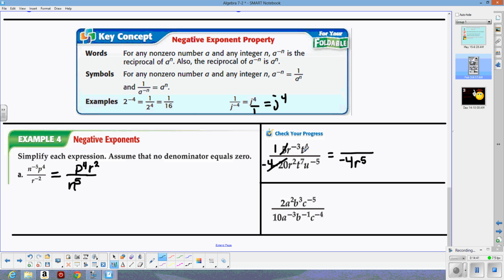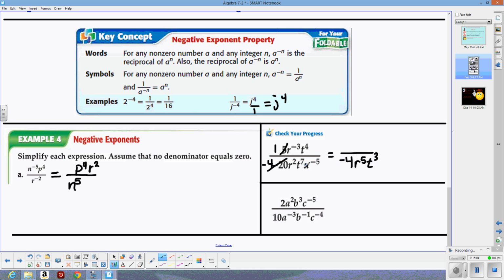Now with the t's, we have 4 t's up here and 7 down here. You could cross out 4 on top with 4 on the bottom, which would leave you 3 t's on the bottom being multiplied together. Or you use the rule. 4 minus 7 is negative 3, and since it's negative, we're going to put it on the bottom. And the last thing we have is the u's.